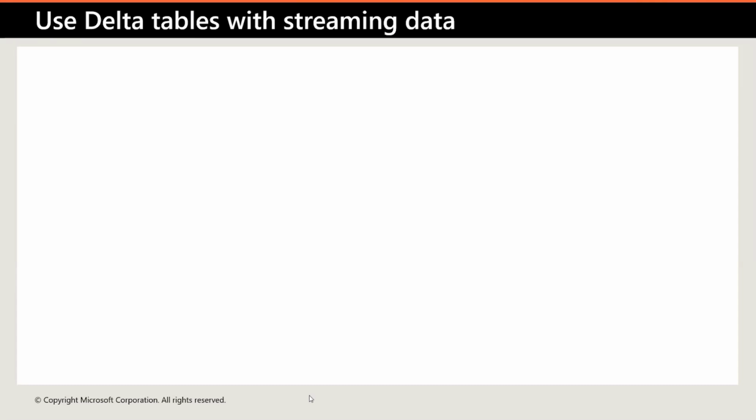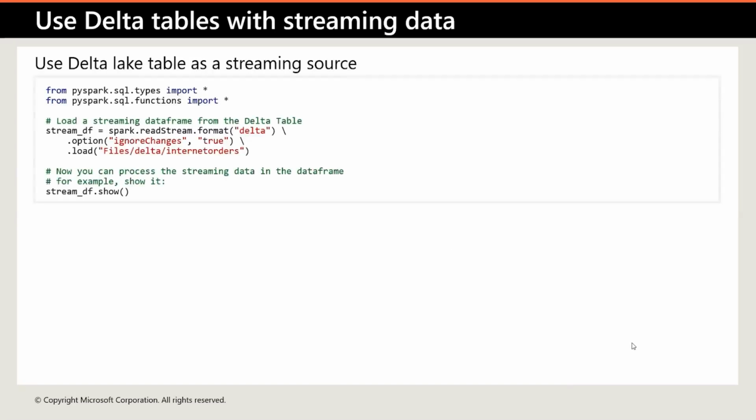Now, we can also use this delta table with streaming data. A typical streaming process solution involves constantly reading streaming data from a source, optionally processing it to select specific fields, aggregate and group values, or otherwise manipulate the data, and writing the result to a sink.